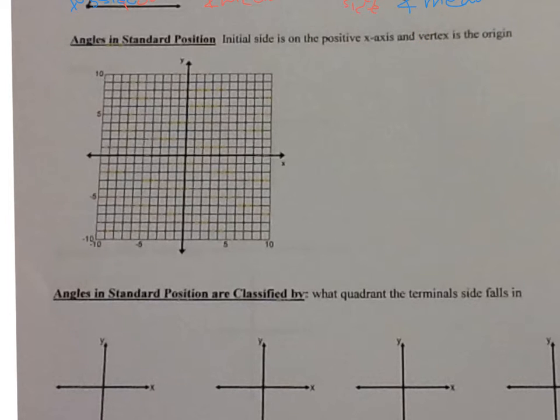Just a quick review: when you have a graph, this is quadrant 1, this is quadrant 2, quadrant 3, and this would be quadrant 4. An angle in standard position would start from the positive x-axis, starting from here, that's your initial side.